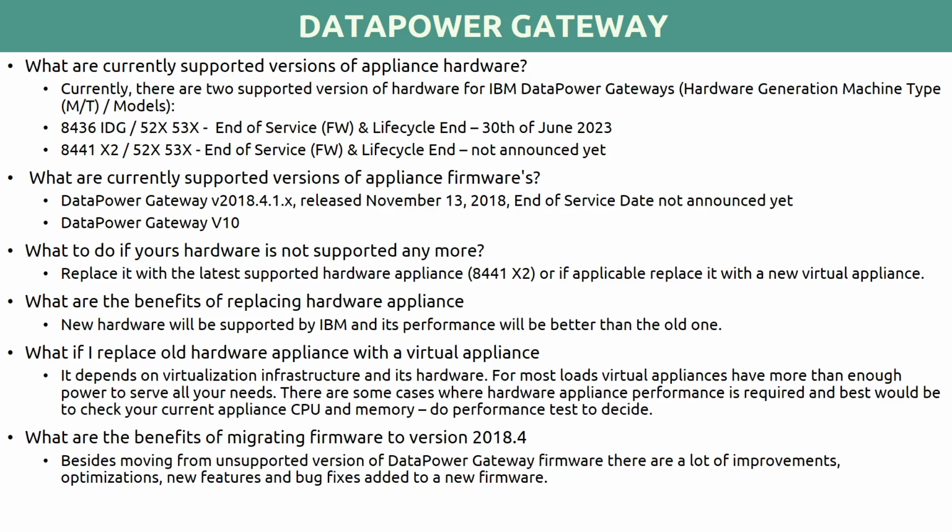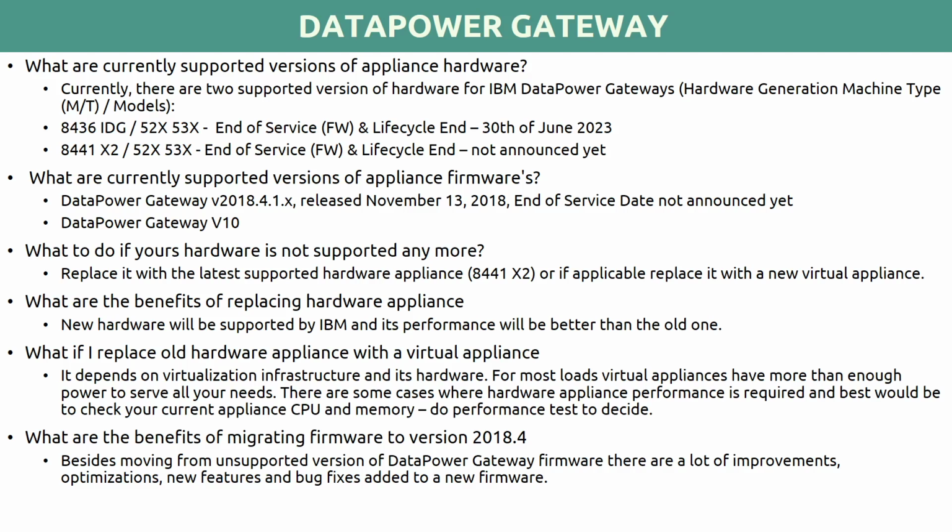So what to do if your hardware is not supported anymore? Well, you can replace it with the latest supported hardware appliance, which is the X2 appliance, and this is really powerful. X2 means actually it's twice as powerful as the older IDG appliance. Yeah, you can do that, but that means basically you need to buy a new box.